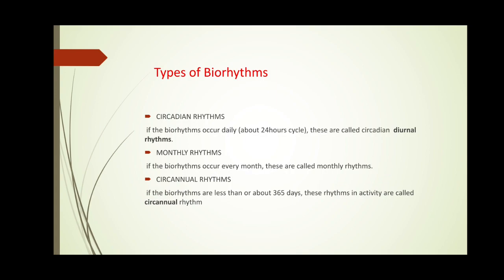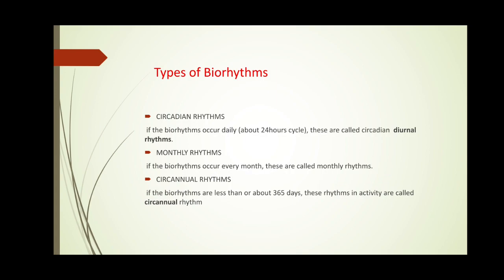Now if we talk about the circadian rhythms, there are two further types. One is diurnal and the other is nocturnal circadian rhythms. Diurnal is that which takes place during the daytime, and nocturnal behavior is that which occurs at night.